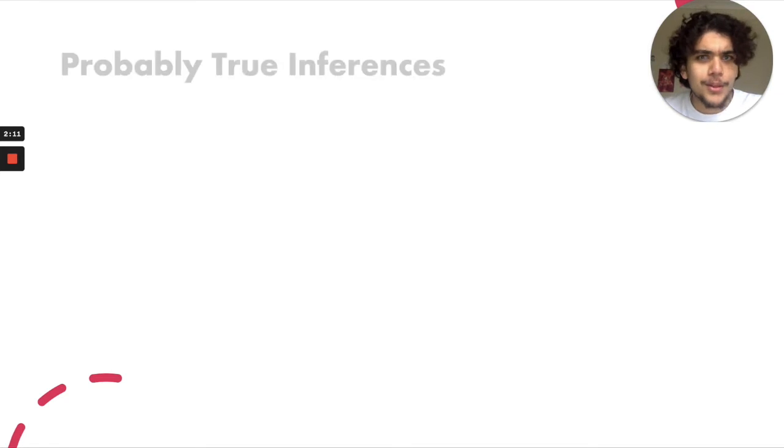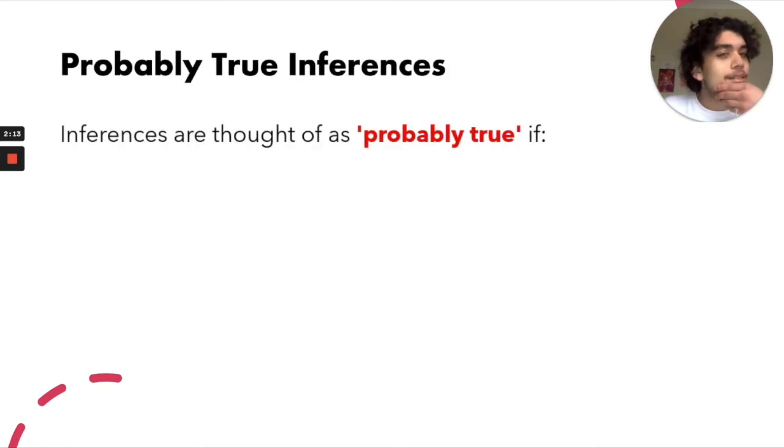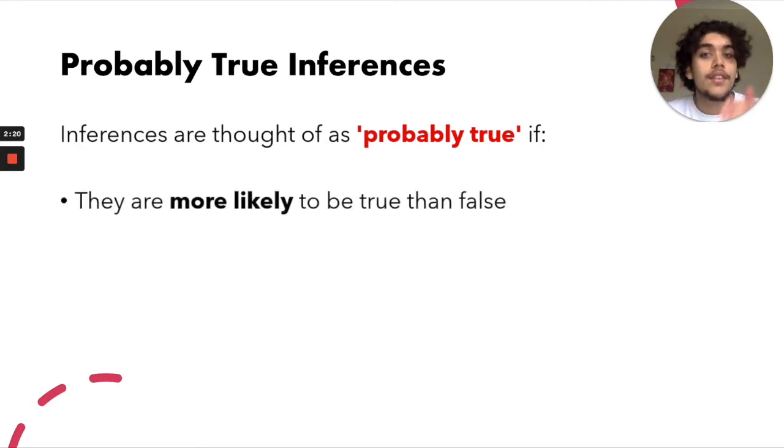How about probably true inferences? Now, these ones are a little bit more tricky because you can think of inferences as probably true if they're more likely to be true than false. So there's something that makes you lean towards thinking that they're true. Something in the passage, some sort of information, something said, something given that makes you lean towards the idea that this does sound like it's true.